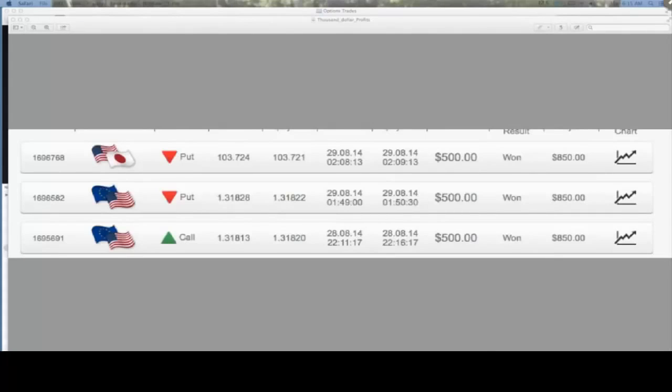He said the value is going to be less than what it is right now in 1 minute. You see that it was 103.724, and then it changed to 103.721 when the market closed exactly 1 minute later. That's 2:08:13, and it closes at 2:09:13. He made $350 in that 1 minute period.